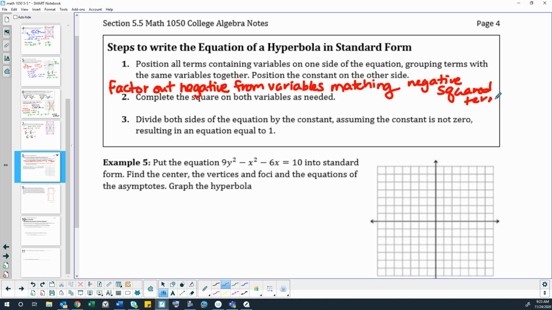The other thing that's not really stated here is that you should put the positive squared term and its variables first, and the negative squared term and its variables second. Factor that out and go from there.